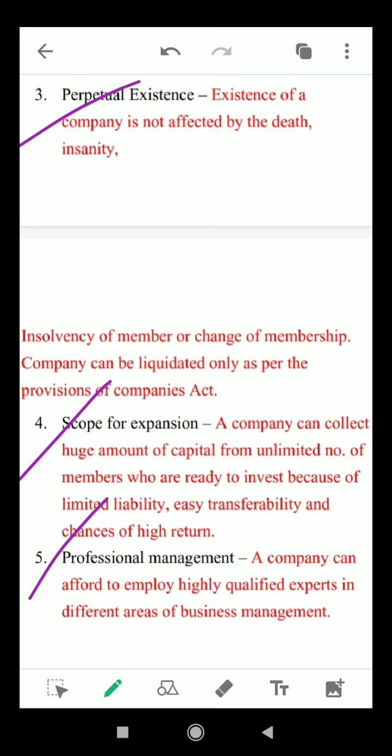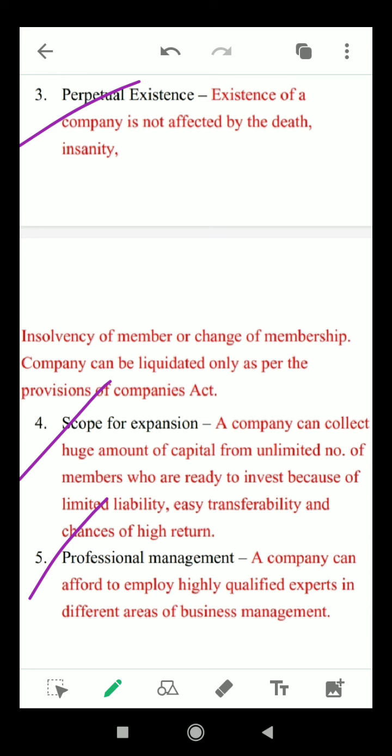And this availability of large scale resources enables the company to attract talented persons, because for handling the management, a person should be qualified or talented, or should be expert in that.